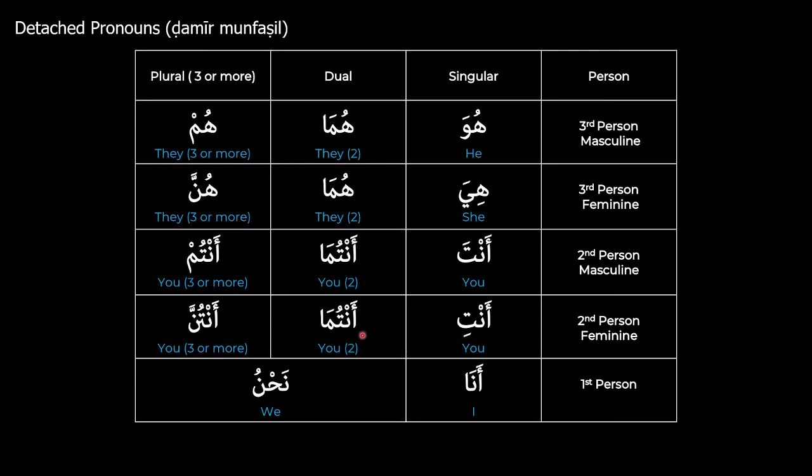And then you have antuma, which is second person feminine when you're referring to two people. And then you have antunna, which is second person feminine plural, which also means you when you're referring to three or more people. And then finally, we have ana, which is first person singular, which means I. And then we have nahnu, which is first person plural, which means we.